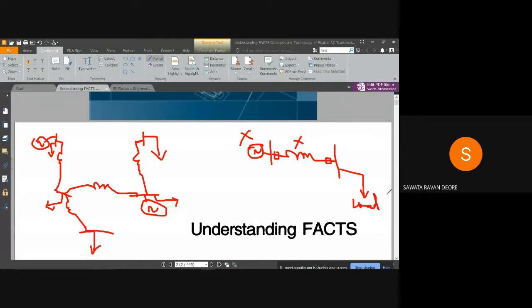Under this contingency also, will the load get supplied by the source? If the transmission line fails in this isolated power system, will the continuity of supply be maintained to the load by the source? Yes or no? No.